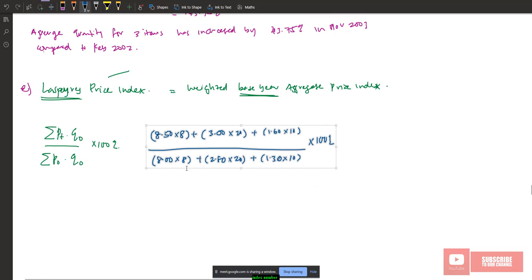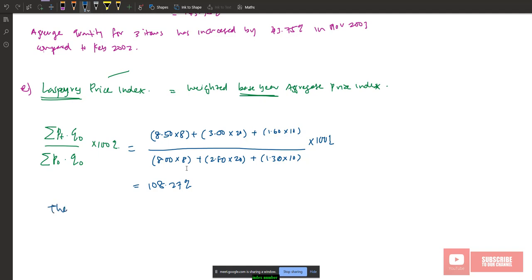So this one should be equal to 108.27%. So how to explain the meaning? Since the value of index number is more than 100%, the price of 3 items increased by 8.27%.